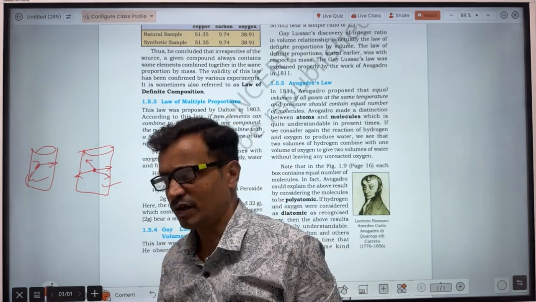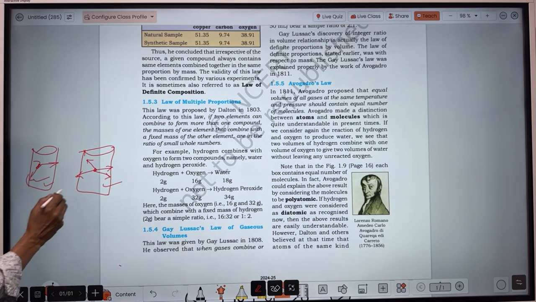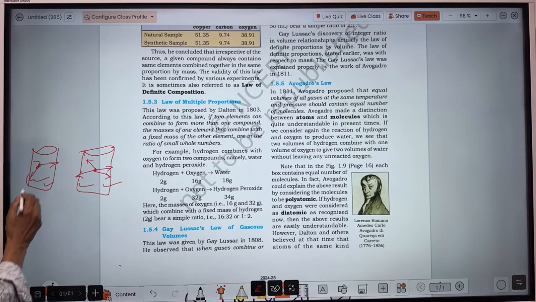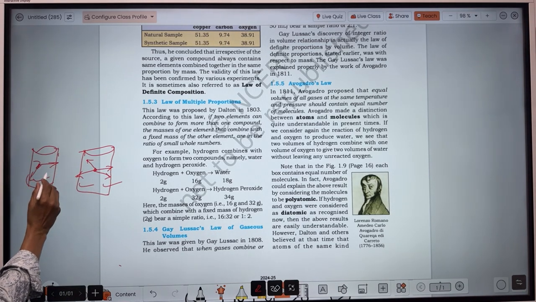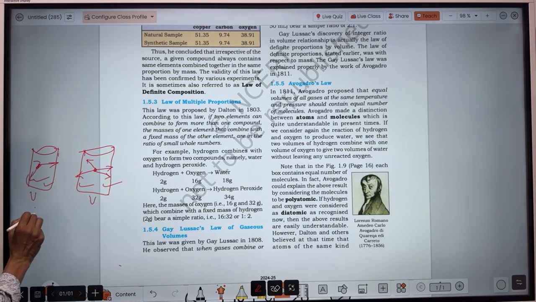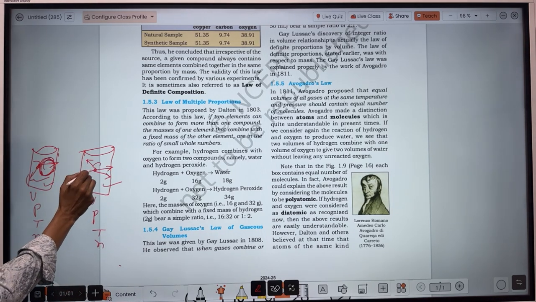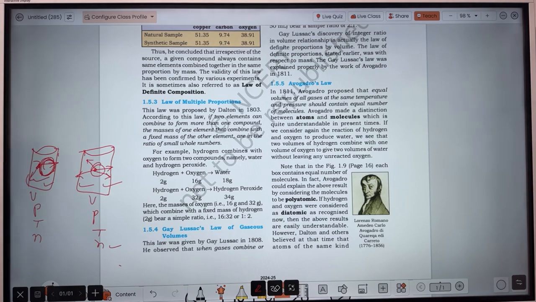Or if the volume of this container and this container is equal, the pressure inside is equal, and the temperature inside is equal, then the number of moles of the gaseous particles in this container and this container will be equal.